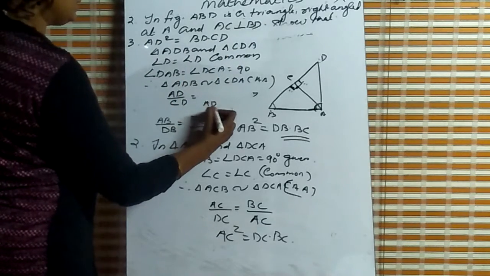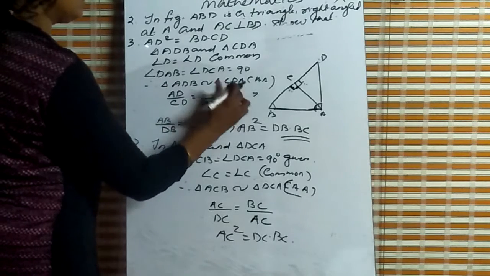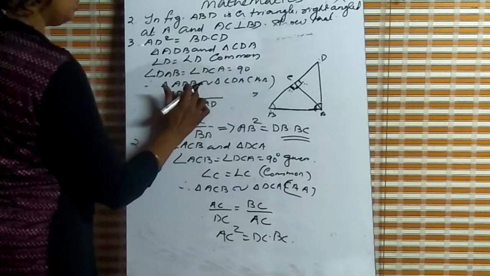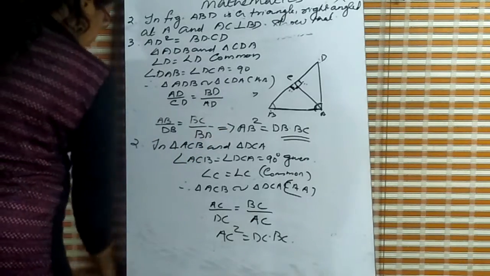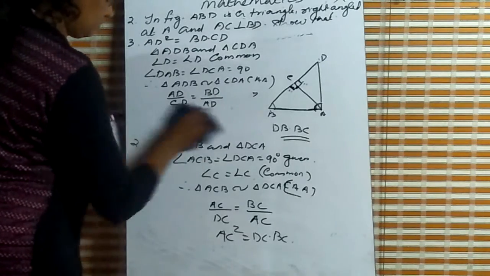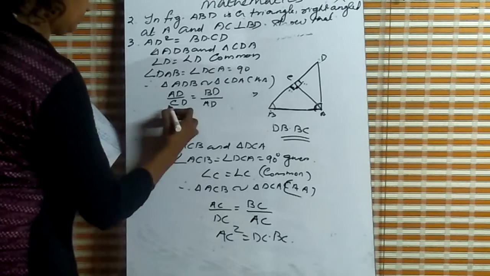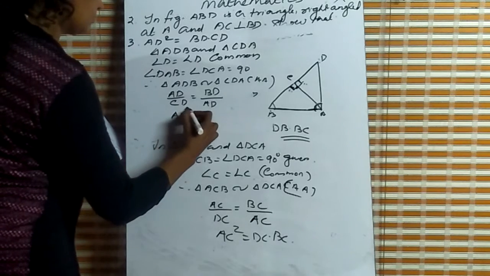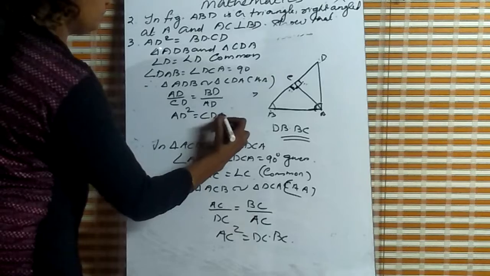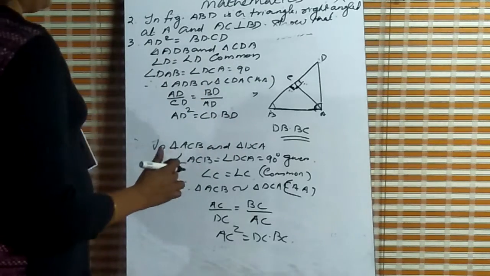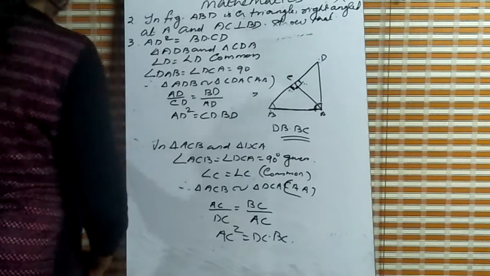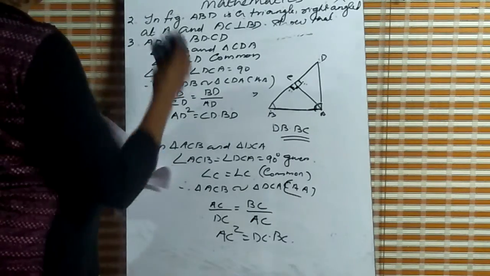Then cross multiplication, AD square is equal to CD into BD, or BD into CD.